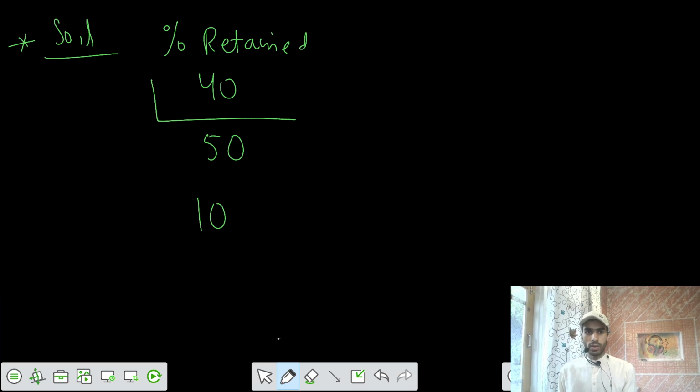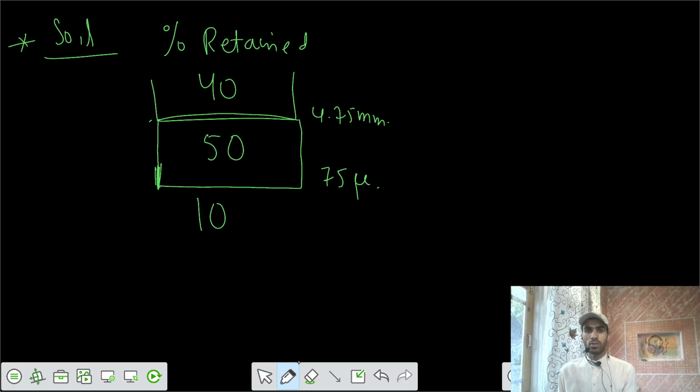Let's say one sieve is the 4.75 mm sieve, and one more is the 75 micron sieve, and 10% is passing below that.